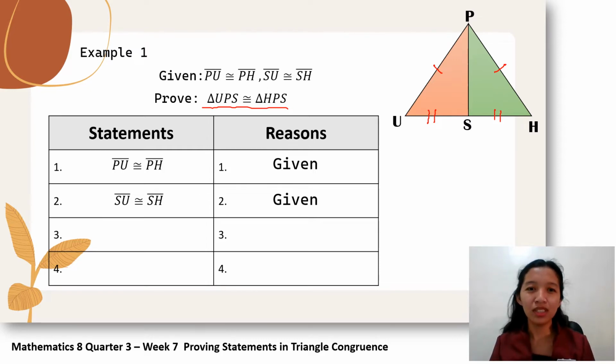In proving that two triangles are congruent, we should know that there must be three congruent parts on the two triangles. So let's analyze the figure again. What other information can we get from the figure that we may include in our statements?